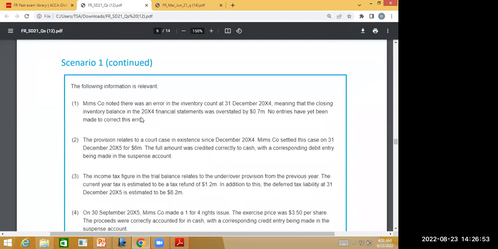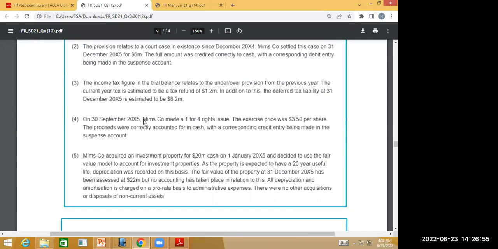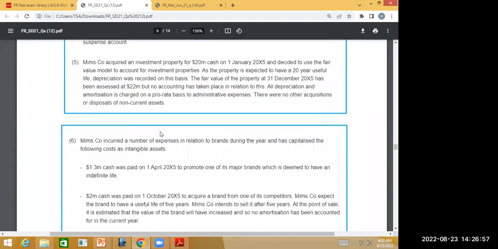Okay, now let's start solving note number 5. That's about the investment income, investment property. So please solve this question, note number 5.